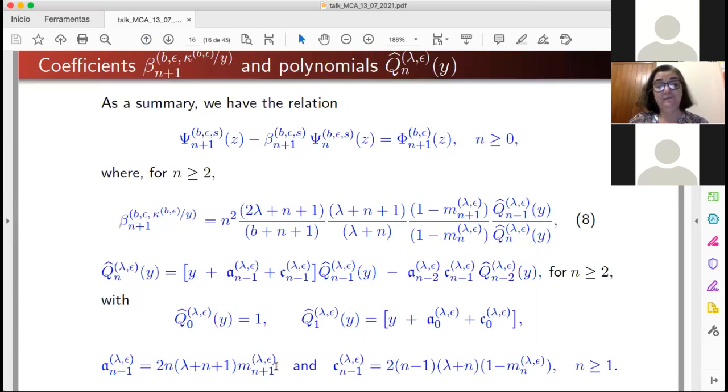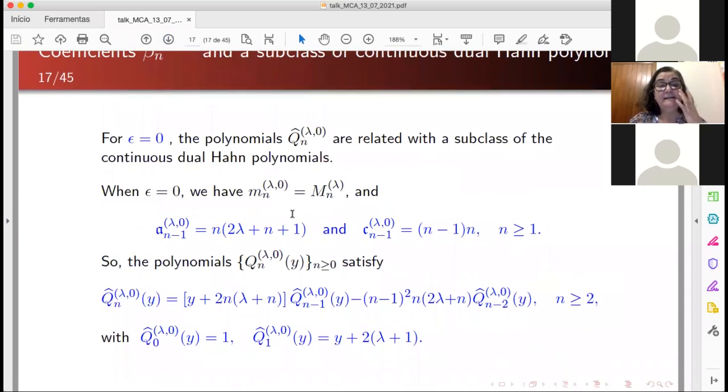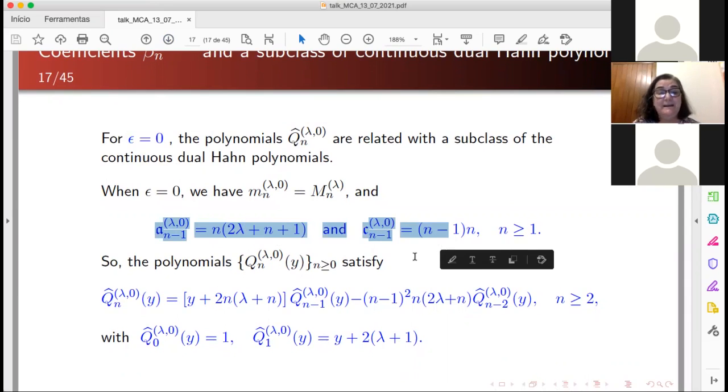So we just substitute the explicit formula, and for the case epsilon equals 0, we get these coefficients, and if we substitute, we have this polynomial, the polynomial given by this three-term recurrence relation.